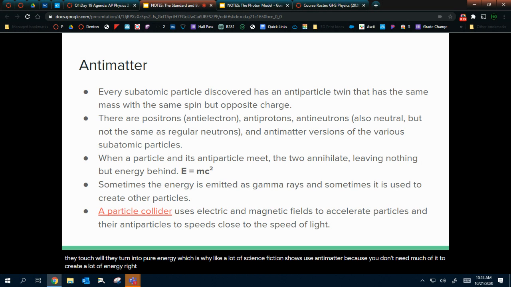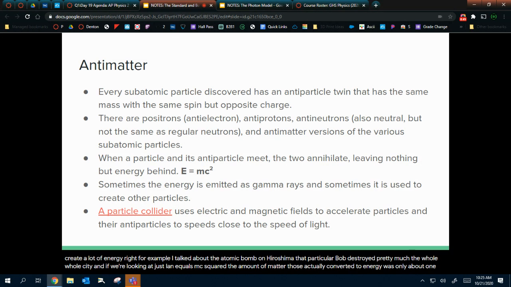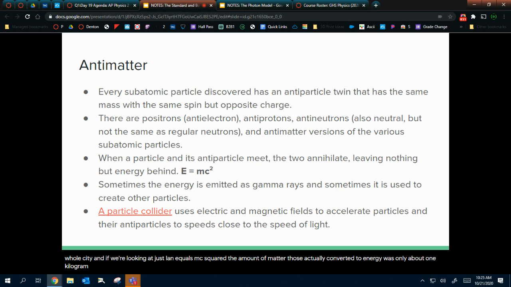For example, I talked about the atomic bomb on Hiroshima. That particular bomb destroyed pretty much the whole city. And if we're looking at just E equals mc squared, the amount of matter that was actually converted to energy was only about 1 kilogram. So 1 kilogram was enough to destroy a whole city.